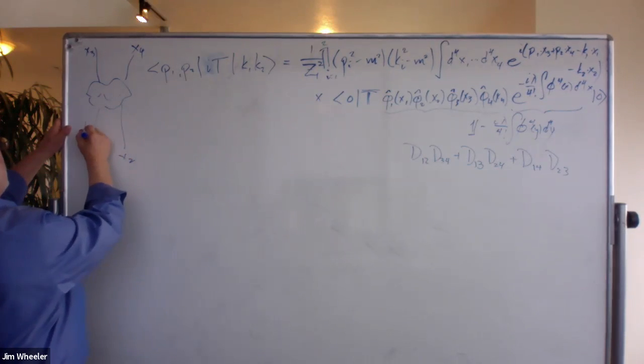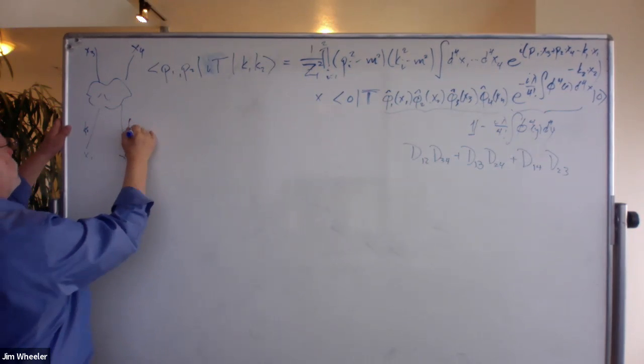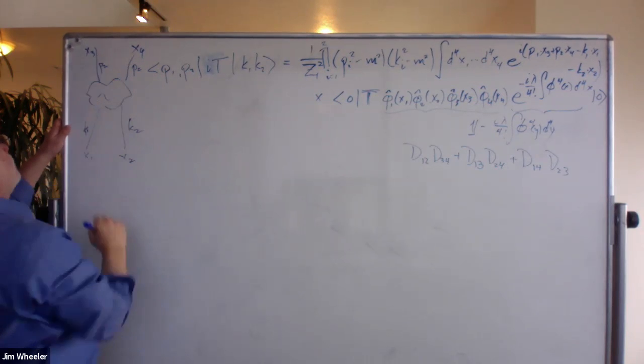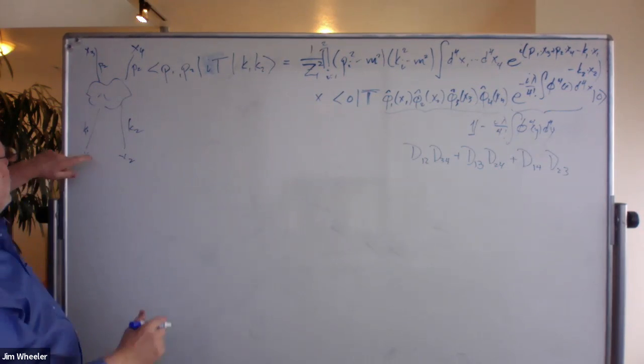This will be K1 coming in, K2 coming in, P1 and P2 going out, and then interactions happening here.